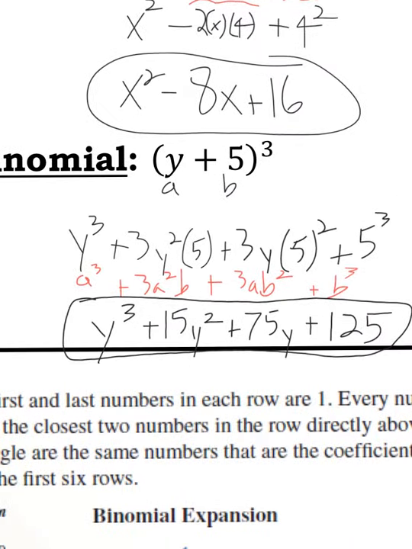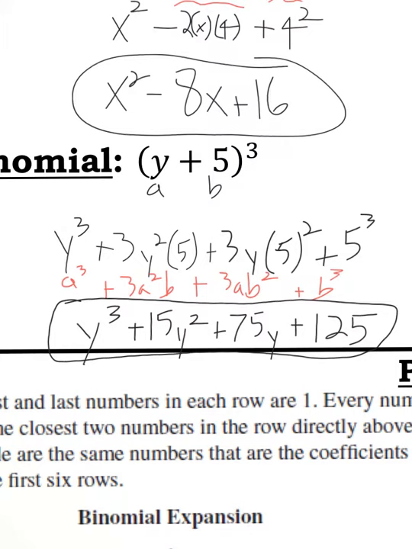If it's a cube of a binomial, well then this is the pattern that it will take. So my a is y, my b is 5, and so it says a to the third, so I wrote y to the third. Then it says 3a squared b, so a squared is y squared, b is just a 5, and I did 3 times 5, that's 15.